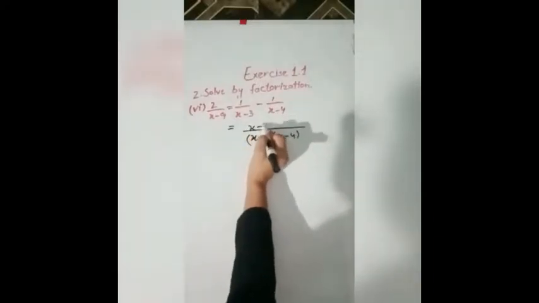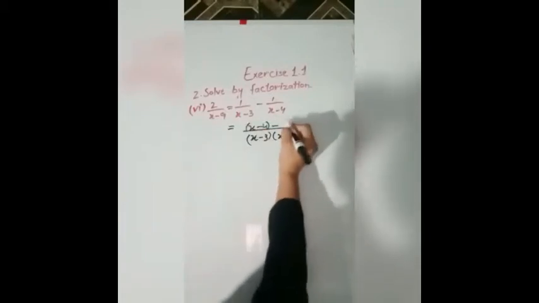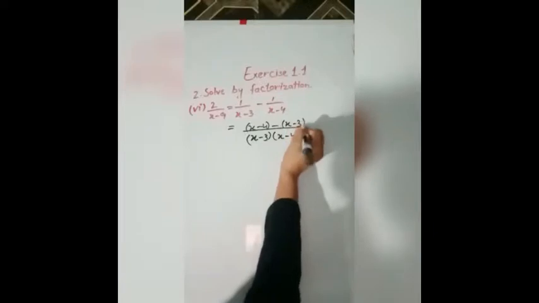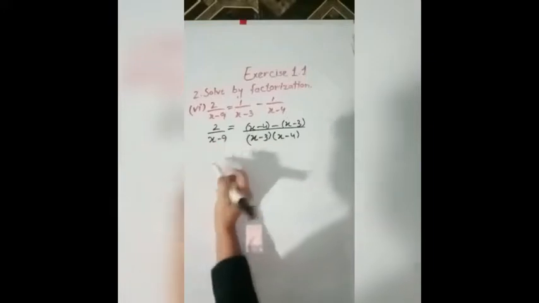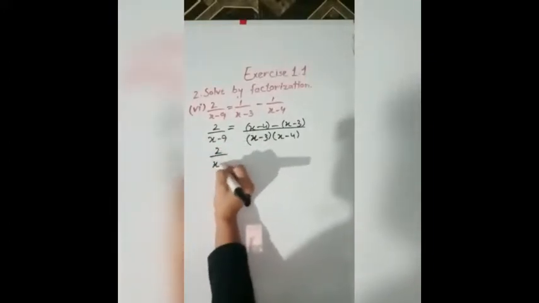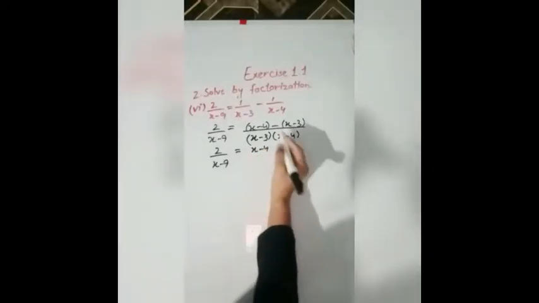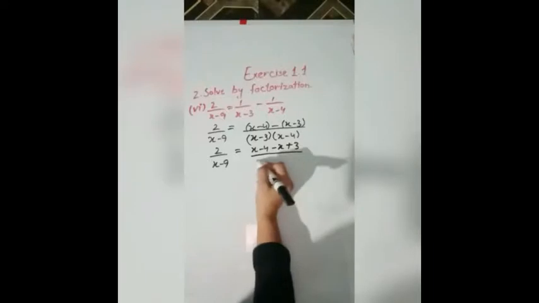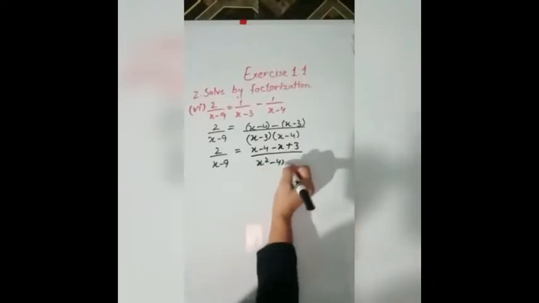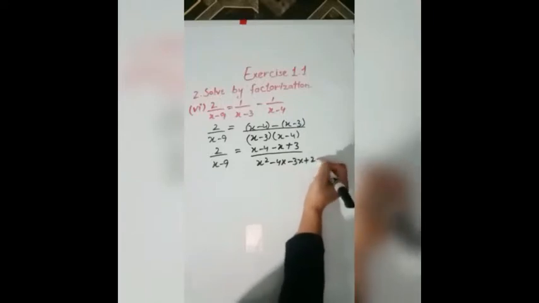Here we get x minus 4 minus x minus 3. This minus will change the sign of the bracket. Minus x and plus 3 over x square minus 4x minus 3x plus 12.